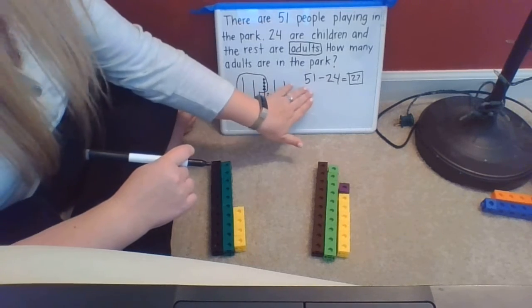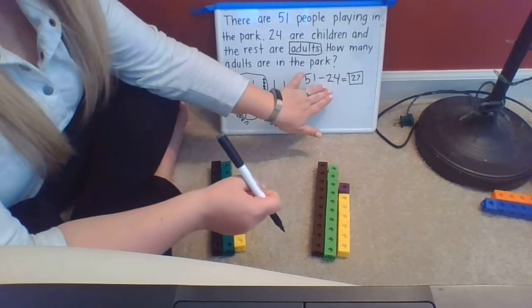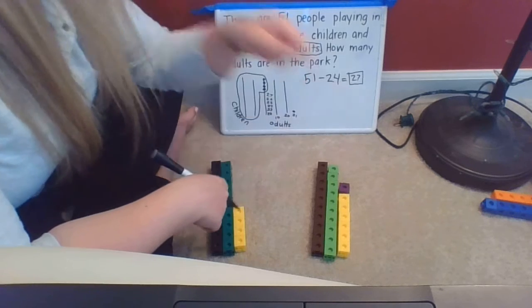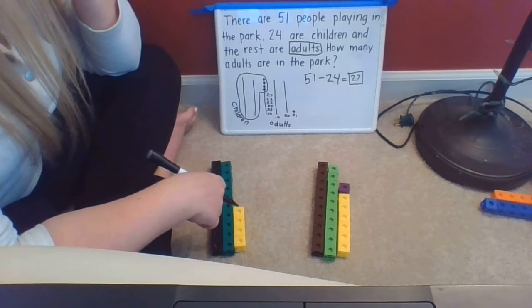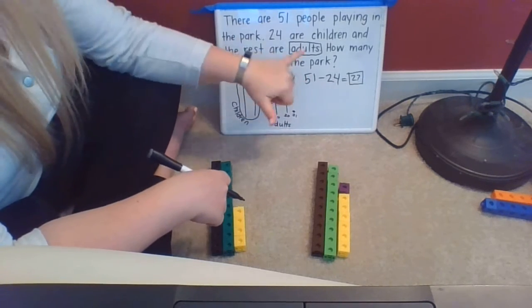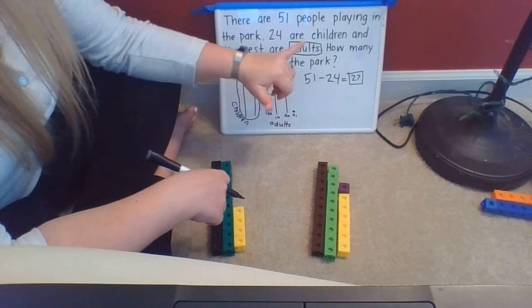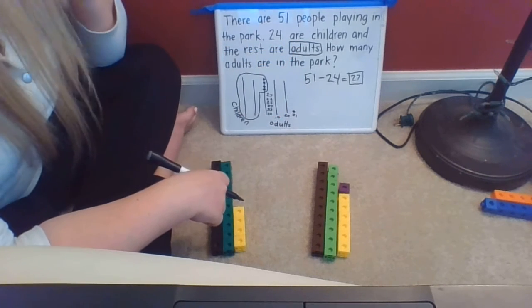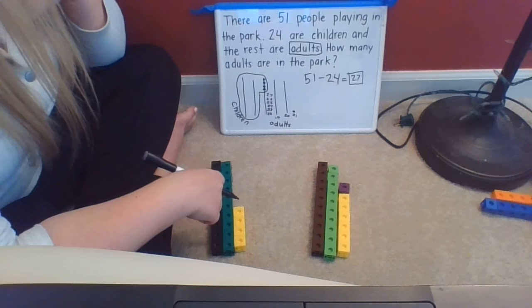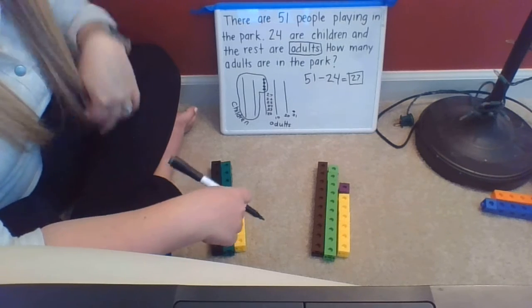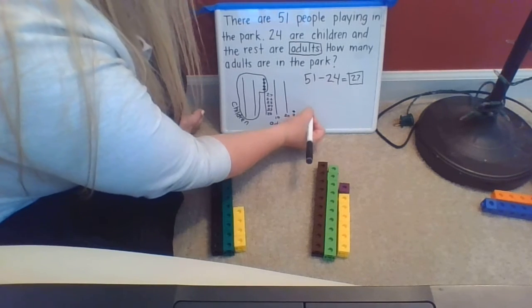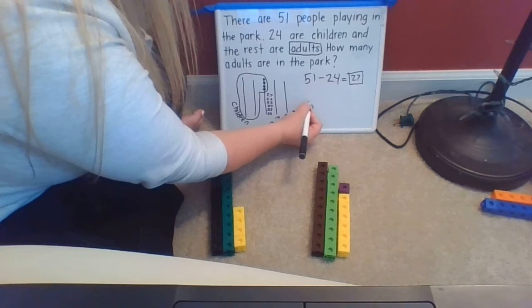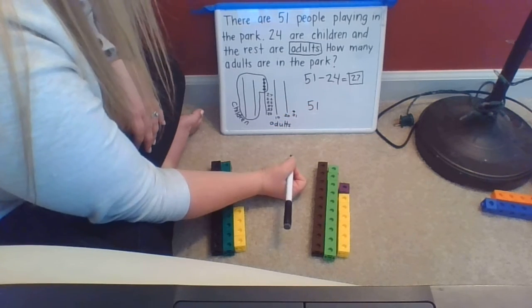Does this match what happened in the story? Were there 51 and then 24 were taken away or got separated to leave 27? No, there's 51 people in the park, 24 are children, and the rest are adults. How many adults are in the park? Well, I just realized we can write this a different way to match the story. There were 51 people in the park.